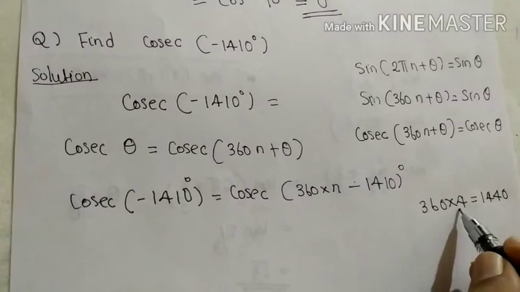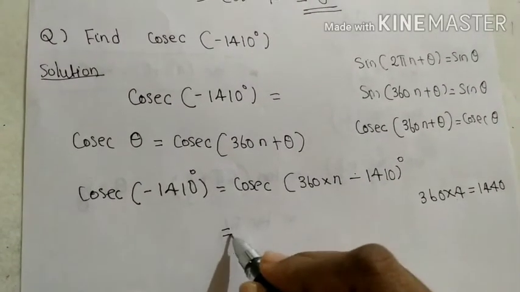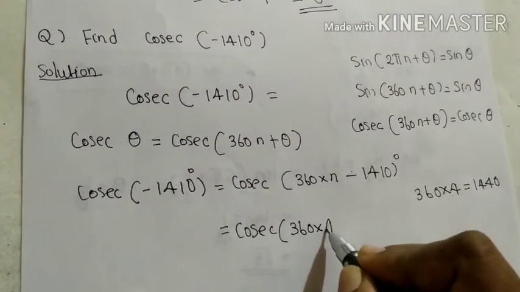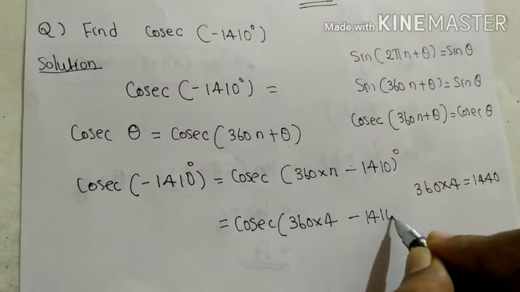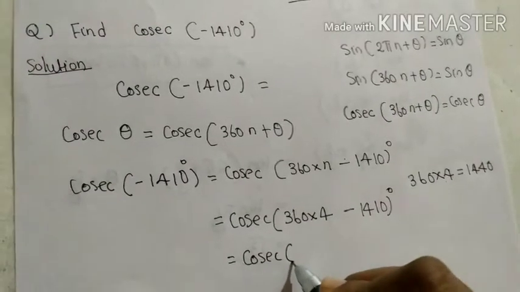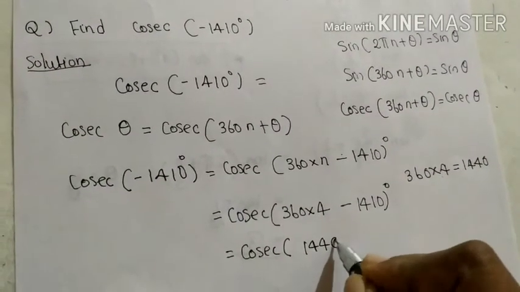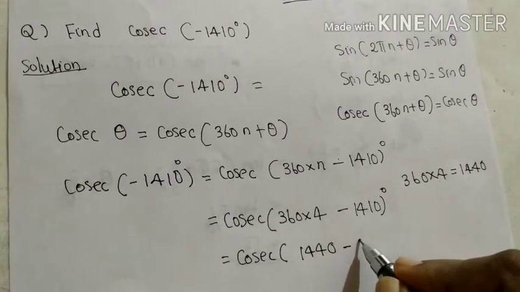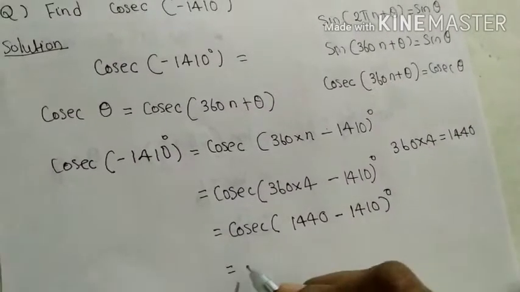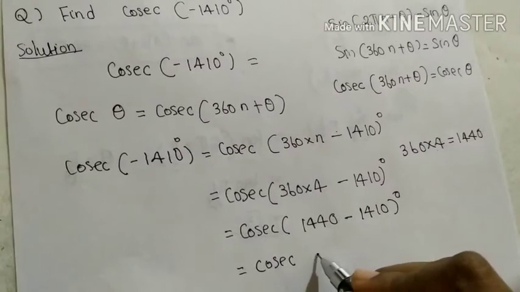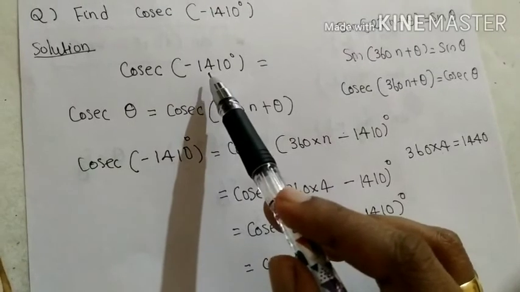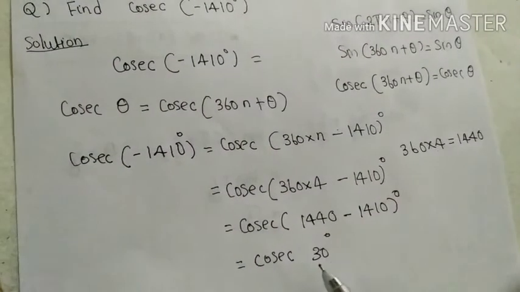So replacing this n by 4, this is equivalent to cosec of 360 into 4 minus 1410 degrees, and the value of 360 into 4 is 1440, from which 1410 is subtracted, and we get cosec 30 degrees. So cosec of minus 1410 degrees is equivalent to cosec 30 degrees.